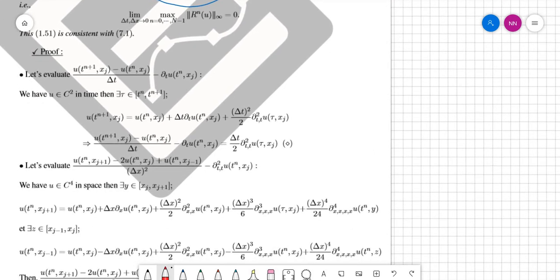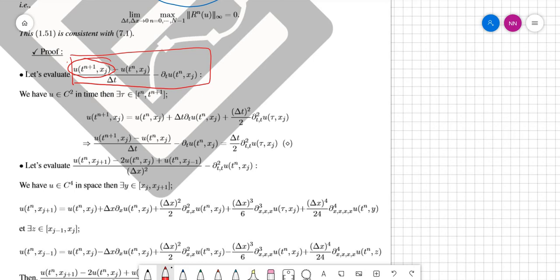So for the first part, we have to evaluate this difference. To do so, we always try to write a Taylor expansion of u(t_{n+1}) as a function of t. We suppose that we are at a point t_n, and then we calculate the Taylor expansion where h is t_{n+1} minus t_n.